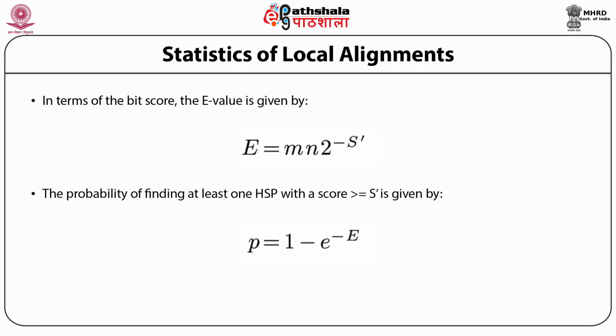If this probability is rather high, the chance that the hit I have obtained can be obtained just by randomly picking some sequence from the database is rather high. So that is unlikely to be biologically significant. So what I want is when the probability is very small.